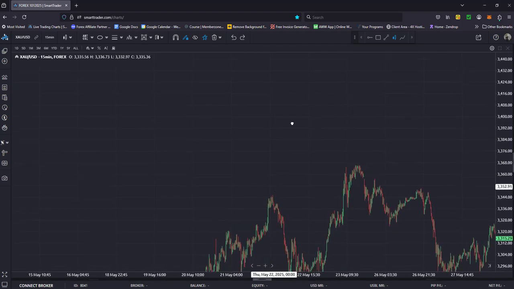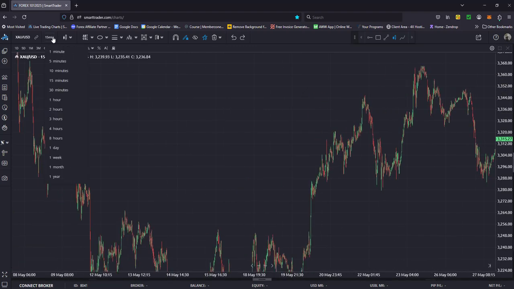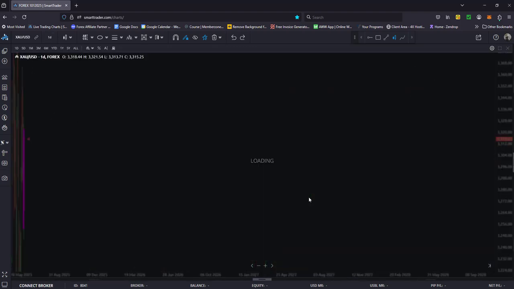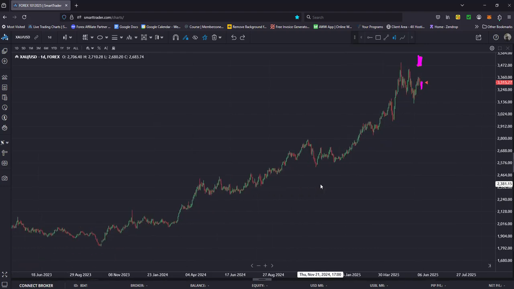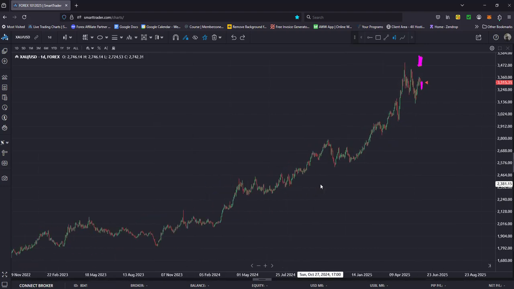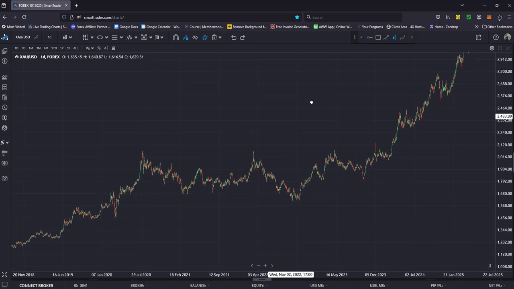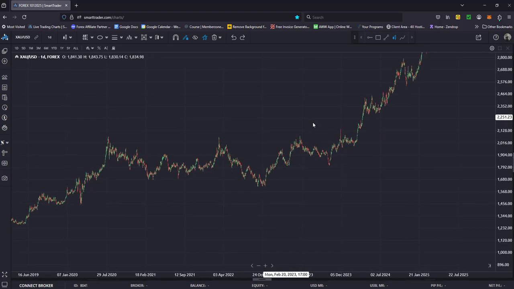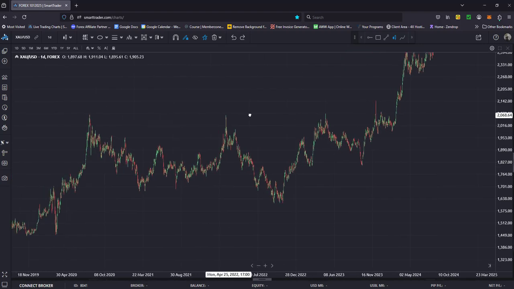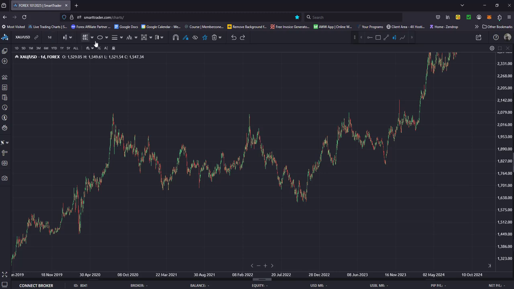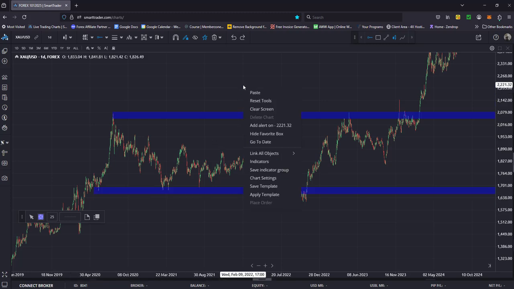So let me look for an area. Let me see something. Trying to find an area where this market was consolidating. Right, and I could look. If I was to identify this area here and this area here.